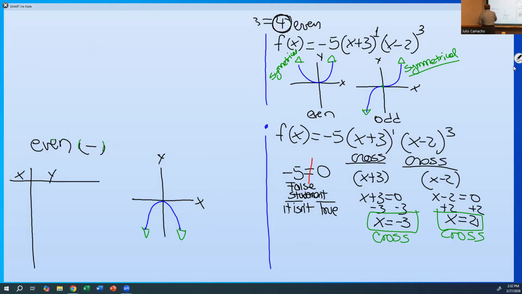And what happens if I put a -4? Let me replace y with the whole equation: -5 times (x plus 3) to the 1 power, and then (x minus 2) to the third power. If you replace -4 for every x in this equation, you will get -1080 for y.